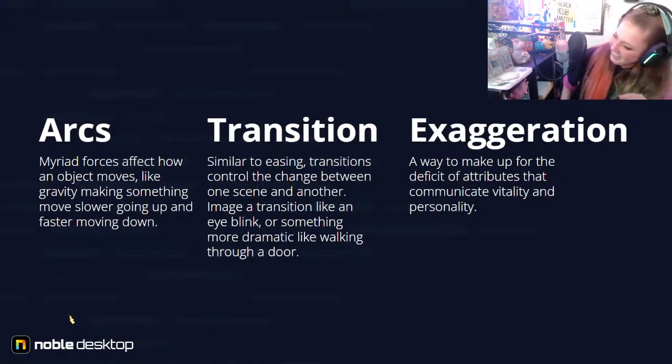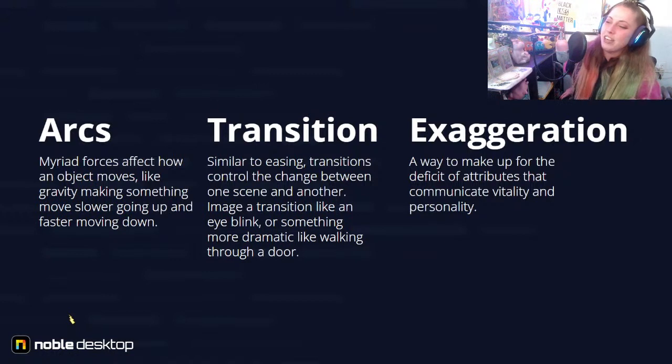Exaggerating movements, exaggerating expressions is a huge thing. Exaggerating your type and making it big. There are a lot of different ways that you can quite literally exaggerate your motion graphic work. And this is one of the quick ways to really take something and elevate it.